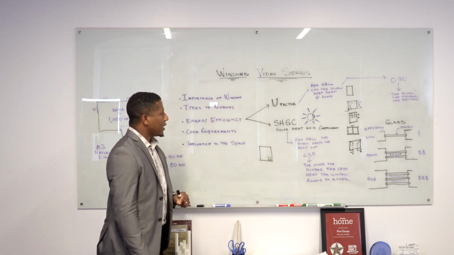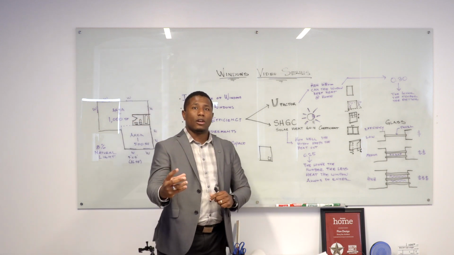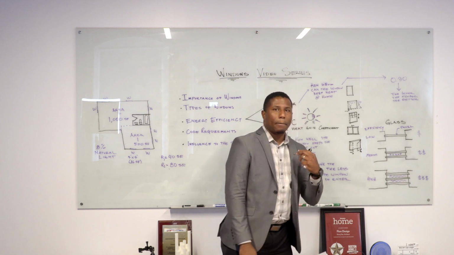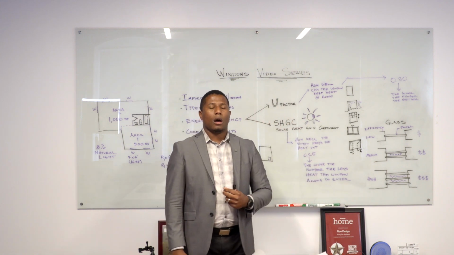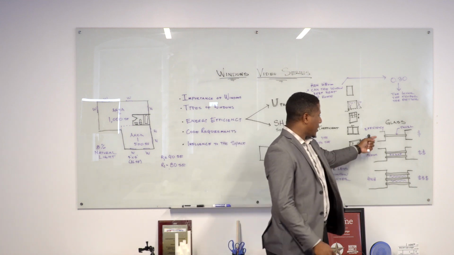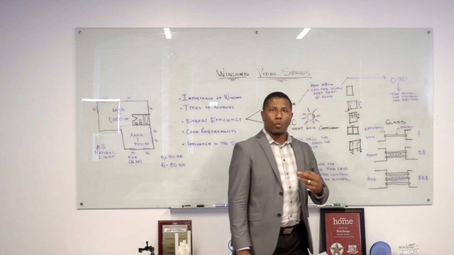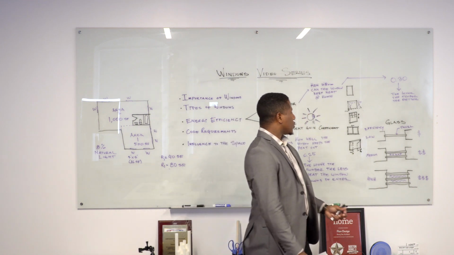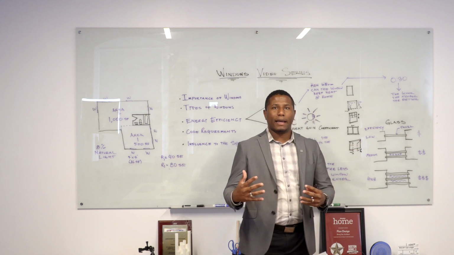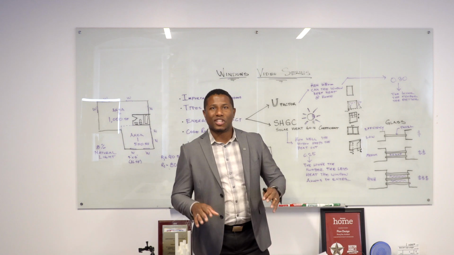Another topic that we want to talk about within that energy efficiency is the glass, the type of glass that you use, the amount of layers or panels within your window itself. Back in the day, a single panel used to be sufficient.